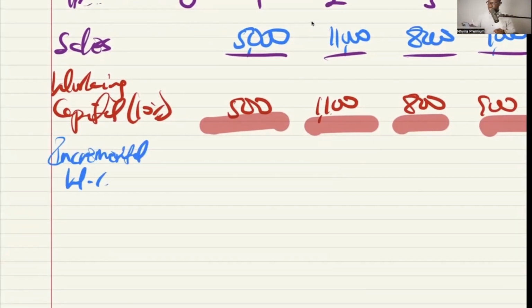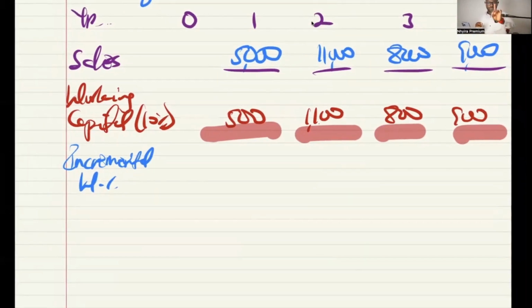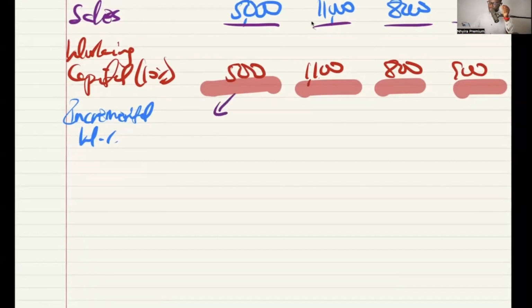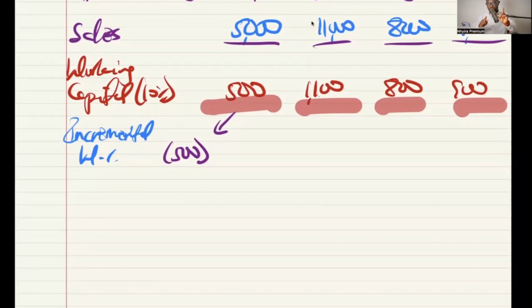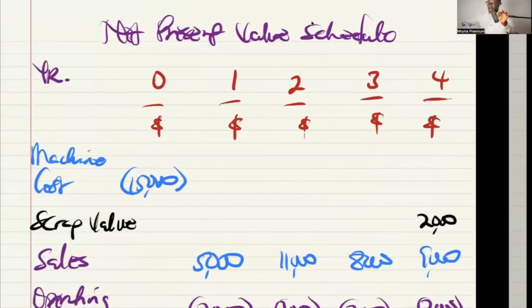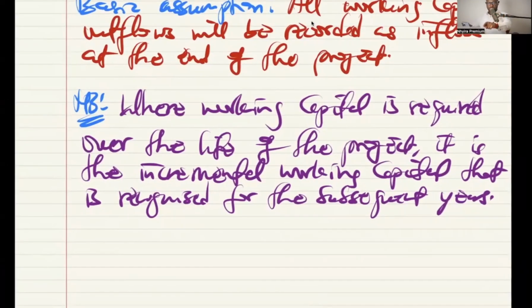So incremental working capital. Note, they said it is required at the start of each year. So the 500 that is required at the start of year 1, we have to provide for it in year 0. So it's going to come under year 0. That's the first year. Now, back to the rules. What did we say?